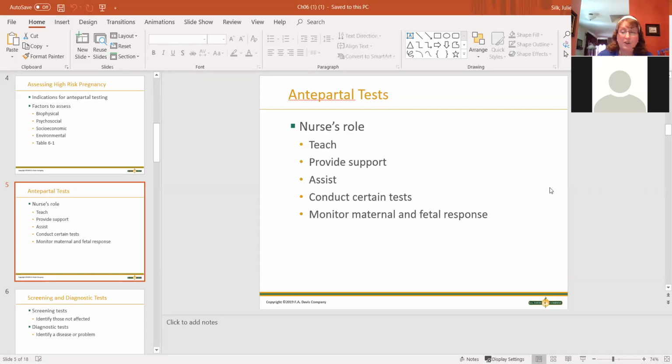So if there is something that you see that is abnormal and they need to be seen again, you're going to facilitate scheduling that. And then you're also going to reinforce any information given to the woman by the provider regarding results of the test and need for further testing, treatment, or referral.